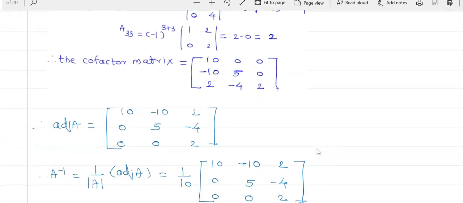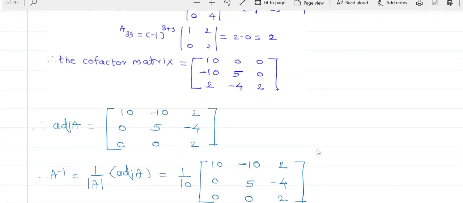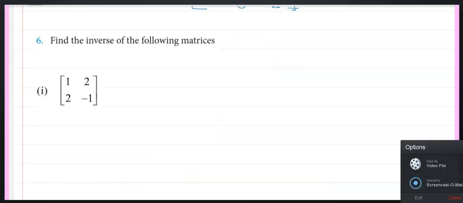Afterward, you would get the cofactor matrix. Therefore, A inverse is equal to 1 upon determinant of A into adjoint of A, which is 1 upon 10, times 10, minus 10, 2, 0, 5, minus 4, 0, 0, 2.